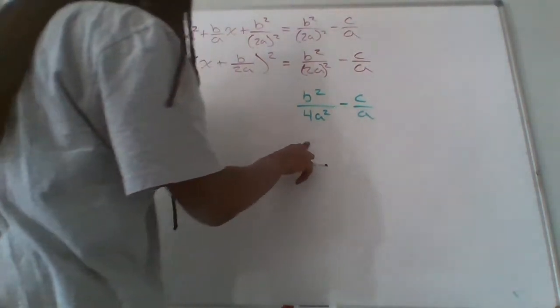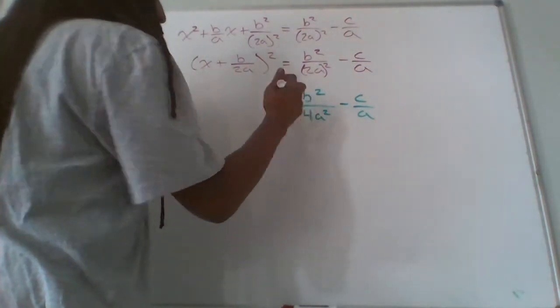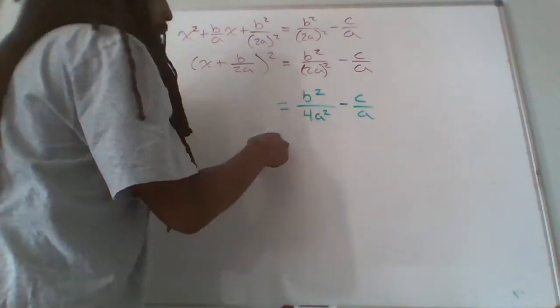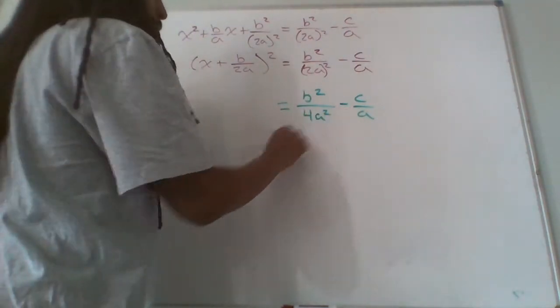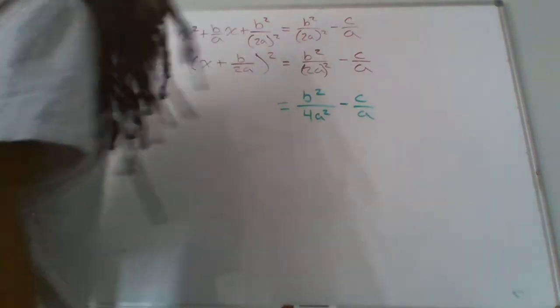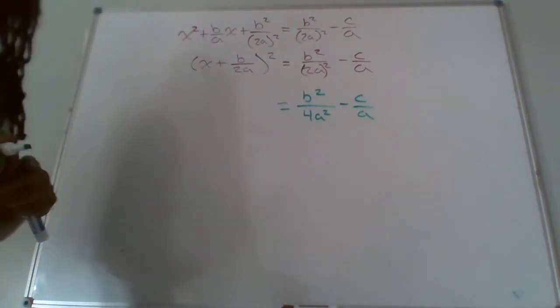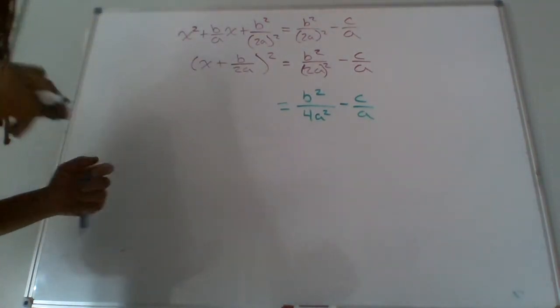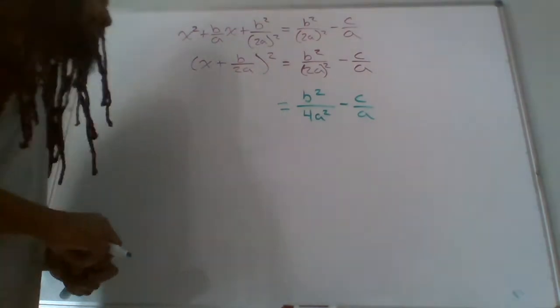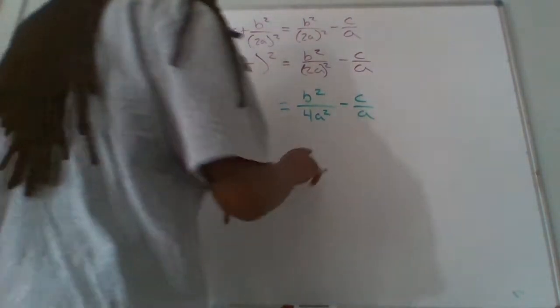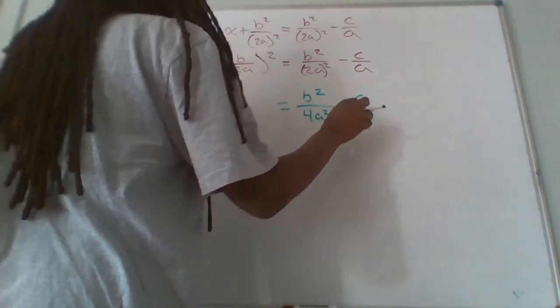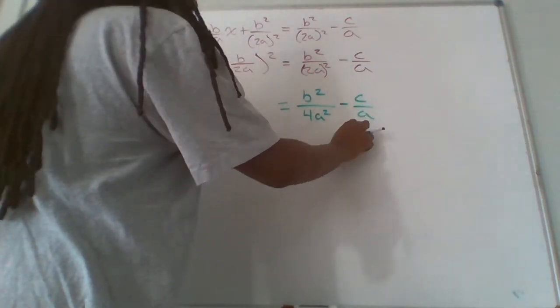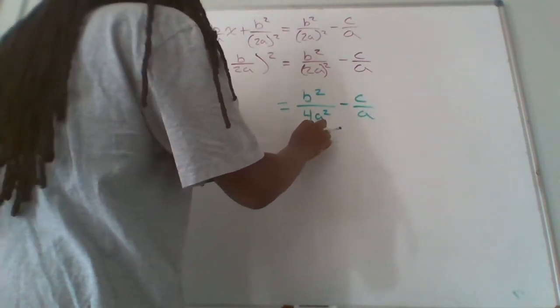Right? Now, we want to put these two on common denominators, right? If you don't know about common denominators, I suggest you check out, I should make another video on common denominators, but we're going to go ahead and put them on common denominators. So the only thing we're missing from over here is a 4 and an a, and we're not missing anything from over here.